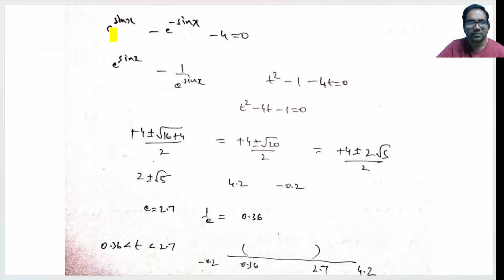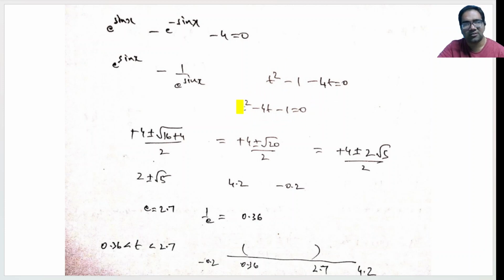Let us substitute e^(sin x) as t. Then t − 1/t − 4 = 0. That becomes t² − 1 − 4t = 0, so t² − 4t − 1 = 0.